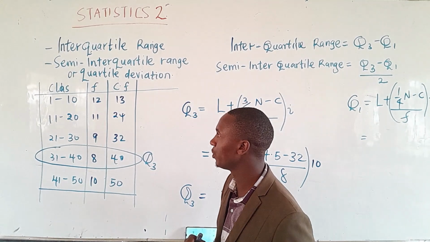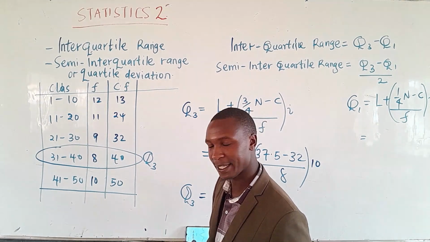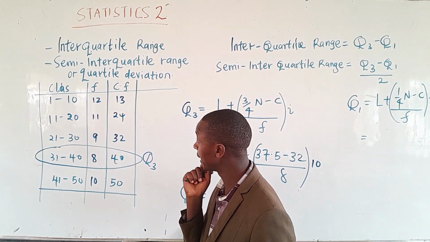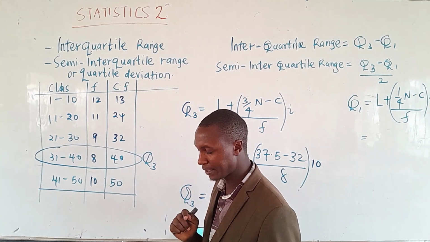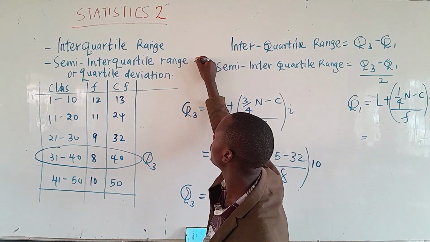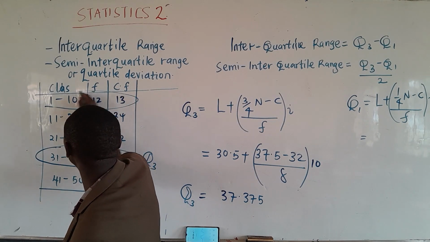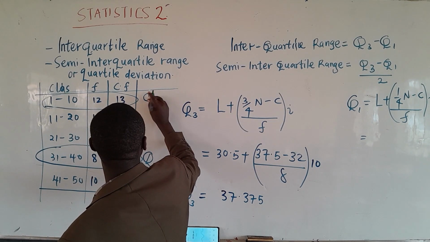That means we do not have the median class. The Q1 class is going to be any class above here whose cumulative frequency is 0. So we are going to take the first class to be our class for Q1.